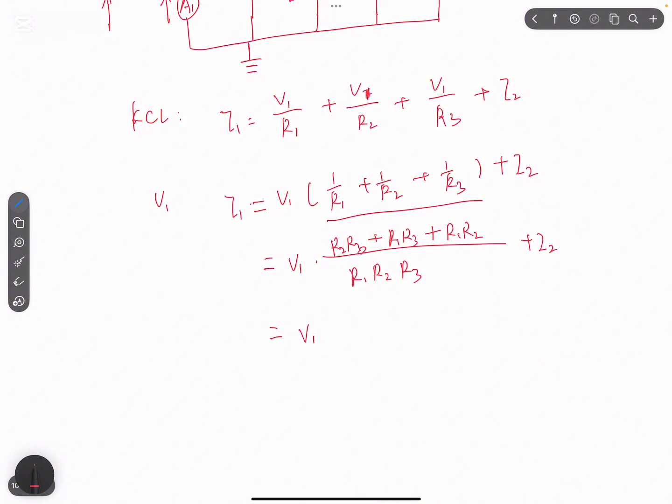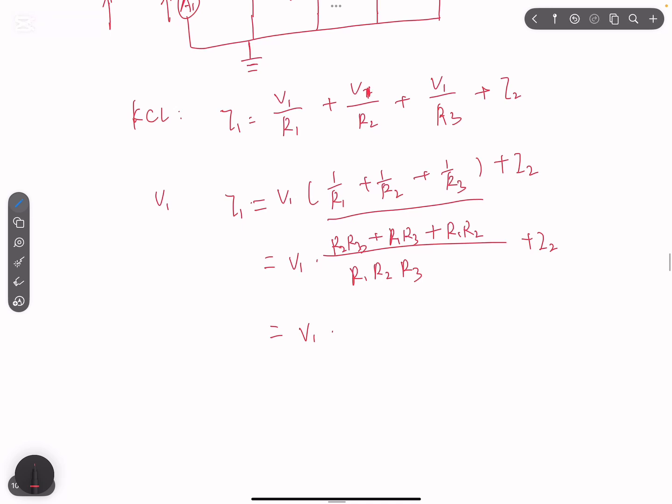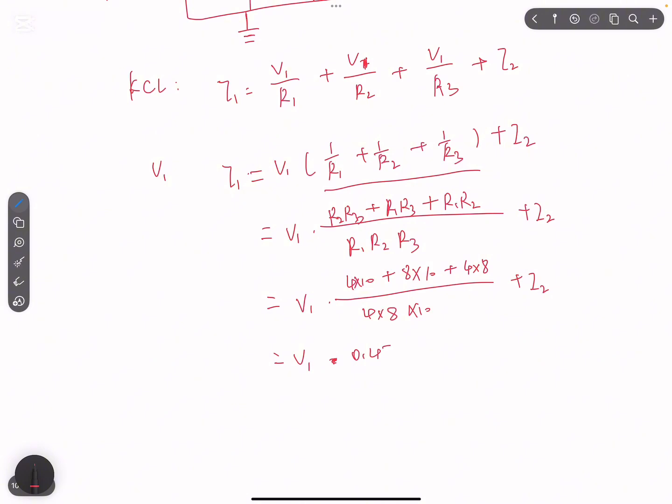Then we have V1. After we plug in the numbers, R2, R3 will be 4 times 10, plus R1, R3, 8 times 10, then plus R1, R2, 4 times 8, then divided by 4 times 8 times 10, plus I2. That'll be V1 times 0.475, then plus I2.